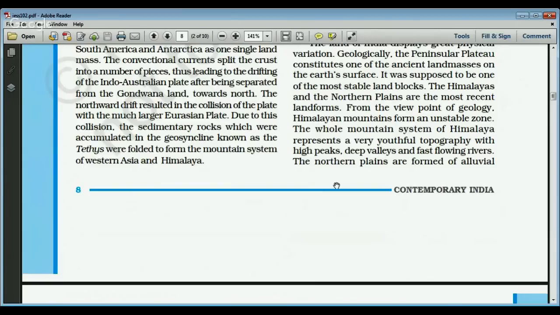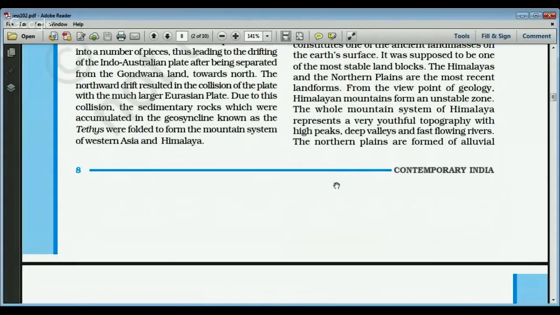So if any type of interaction is taking place between the plates, then volcanoes and earthquakes will be formed there. And one more fact: the whole mountain system of the Himalaya represents a very youthful topography, with features like high peaks, deep valleys and fast flowing rivers.